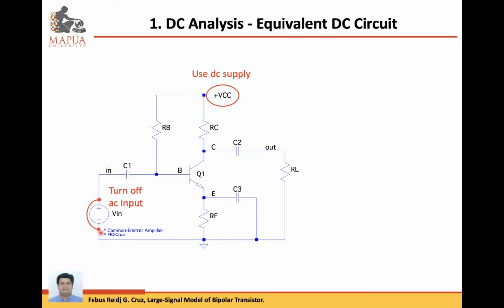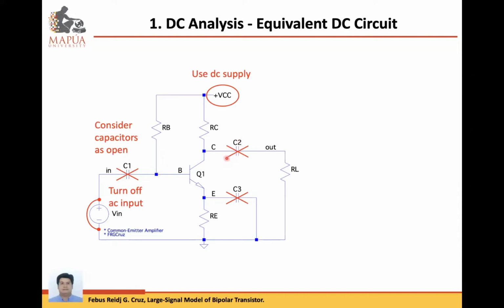So sa circuit analysis natin gagawin yon, no? So effectively, the input node will now be connected to ground, and the input voltage will be equal to 0. Then, consider all capacitors as open circuit. So when coupling capacitor C1 becomes open circuit, the input is no longer connected to the base terminal.